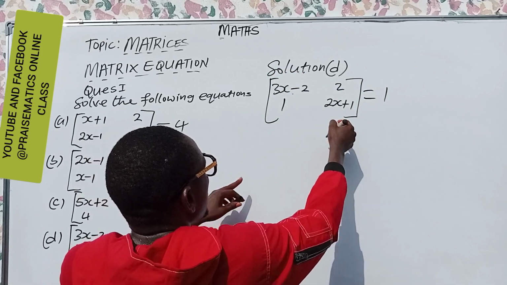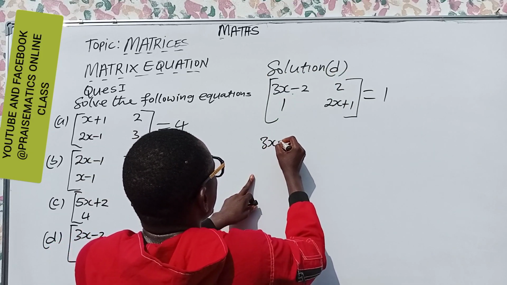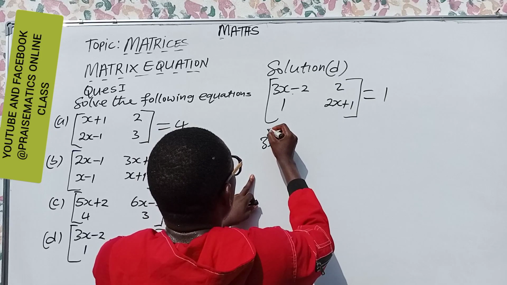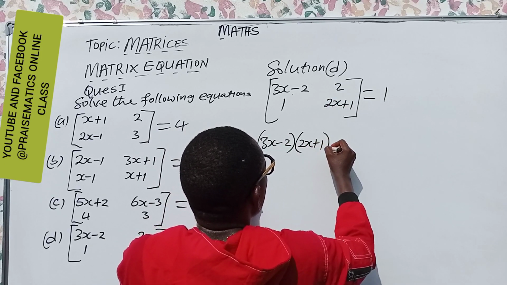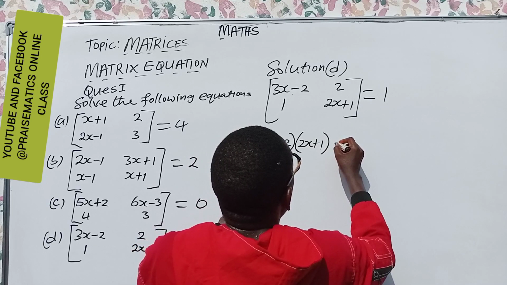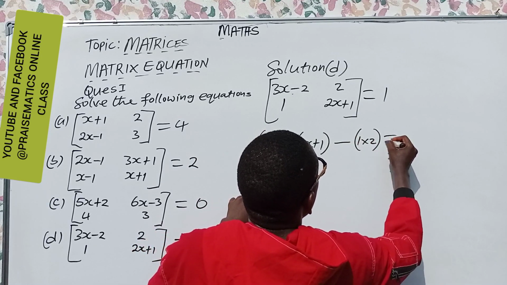Now solving this times this minus this times this, which means 3x minus 2 multiplied by 2x plus 1, minus bracket 1 times 2, is it equal to 1?